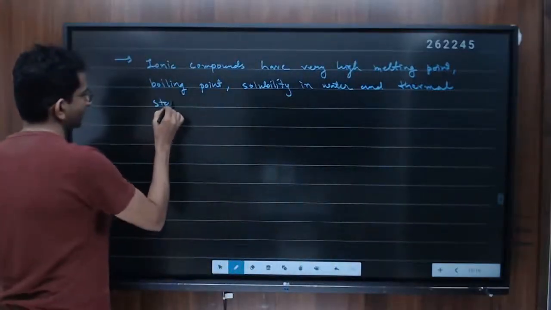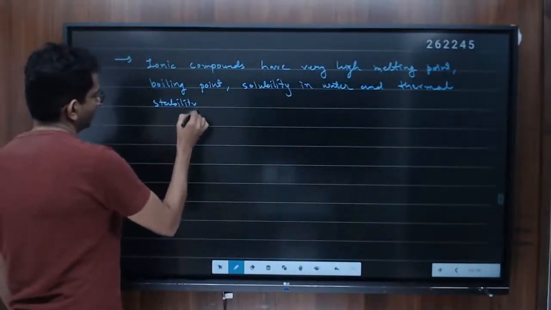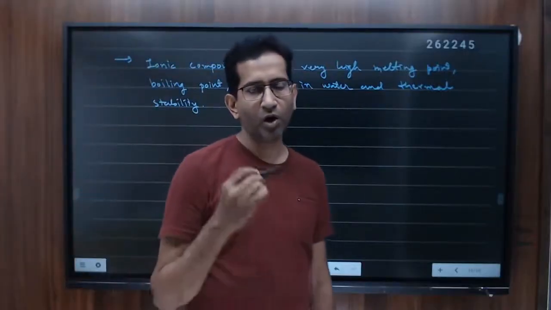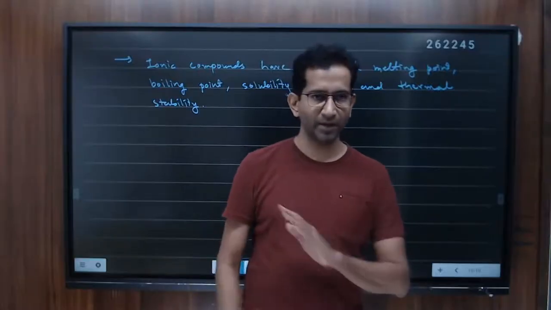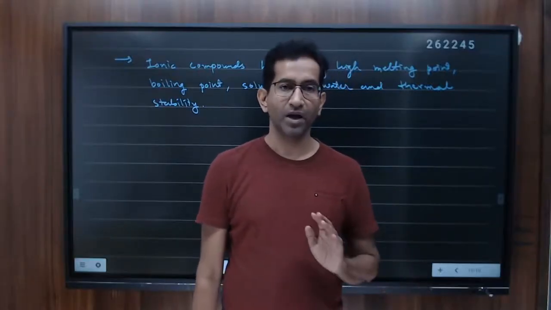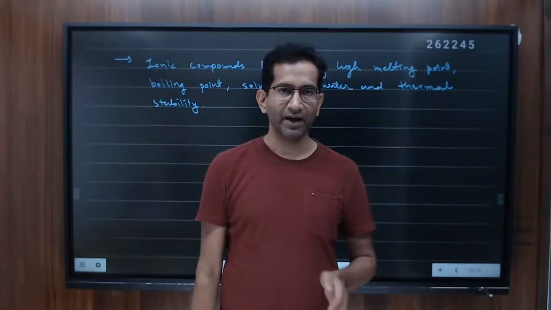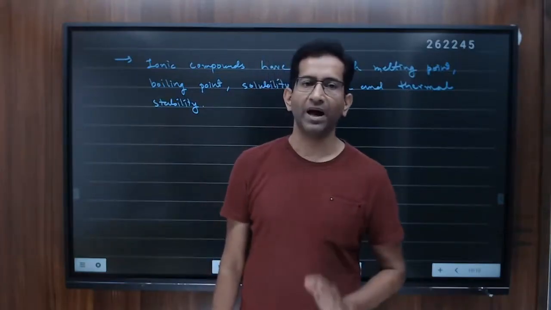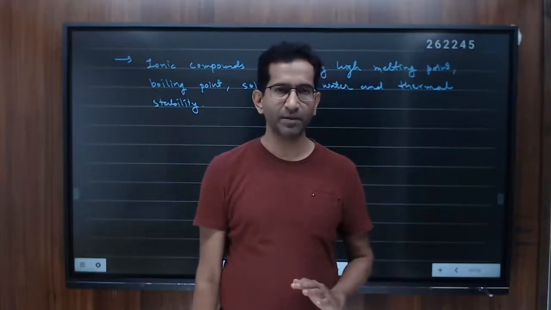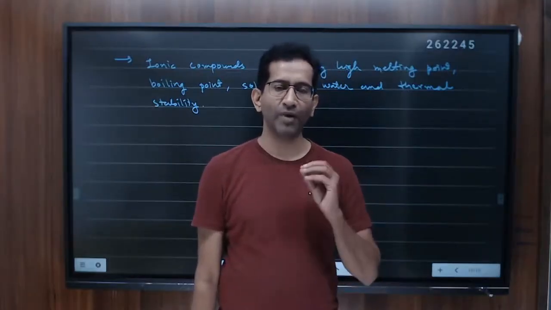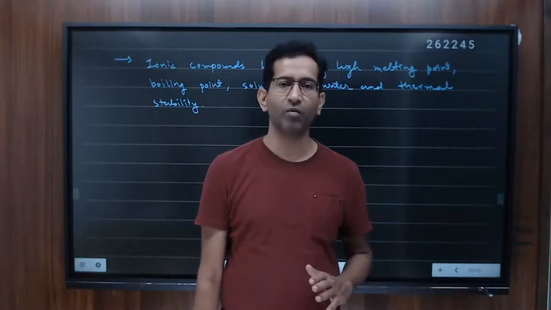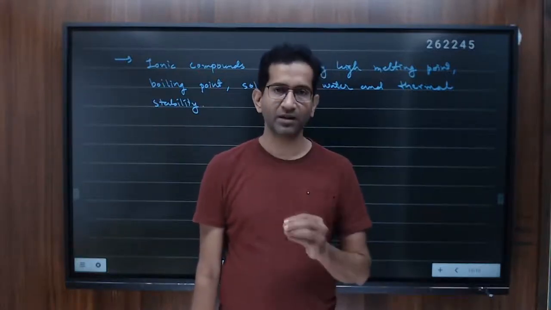Thermal stability means what? If you give thermal energy to that compound for a long period of time, it will remain stable, it will not decompose. Melting is a different thing and to remain stable is a different thing. So ionic compounds are highly stable. Ionic compounds have very high melting point, high boiling point, they are highly soluble in water and their thermal stability is also high.